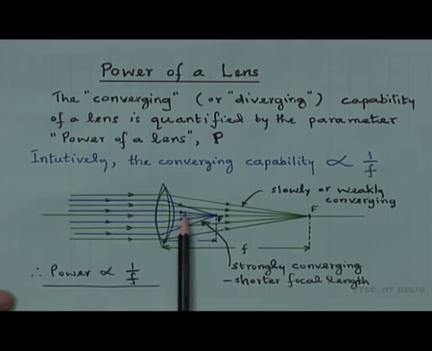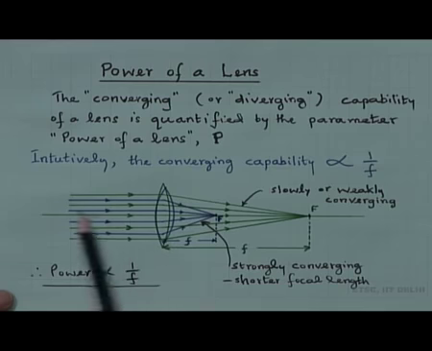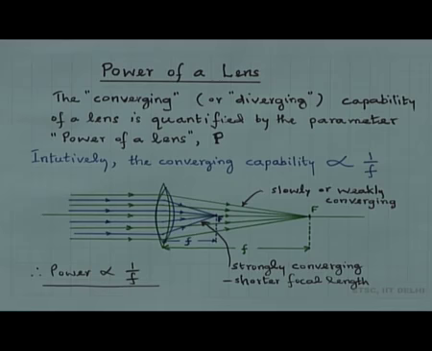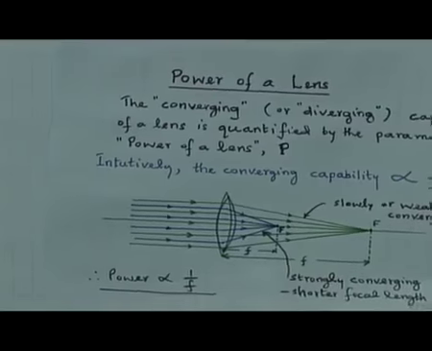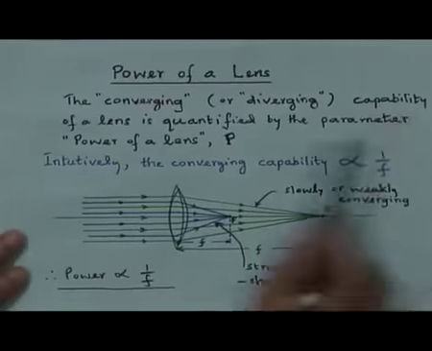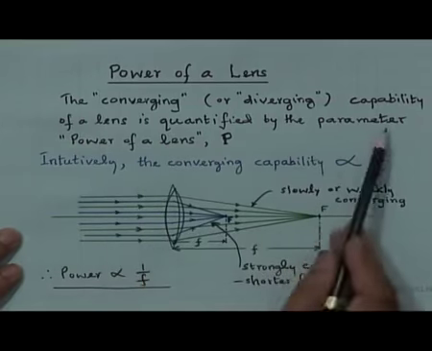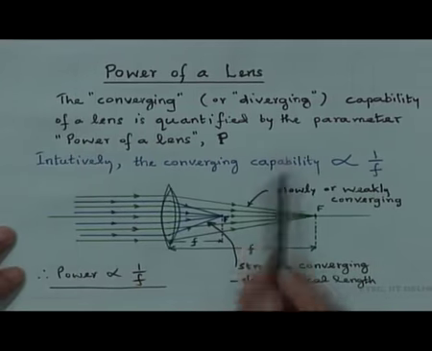A parallel beam incident on a convex lens will converge to the principal focus. And if it is incident on a concave lens, then it will diverge. So the converging or diverging capability of a lens is quantified by power of a lens.